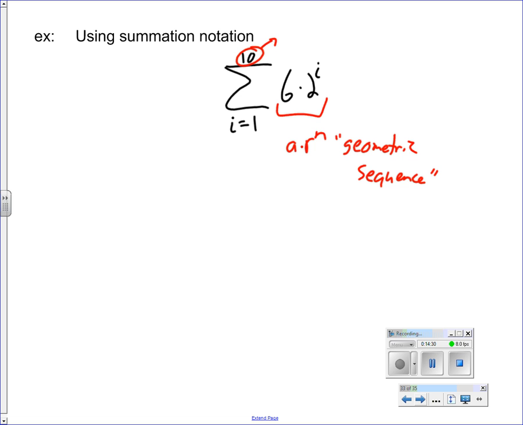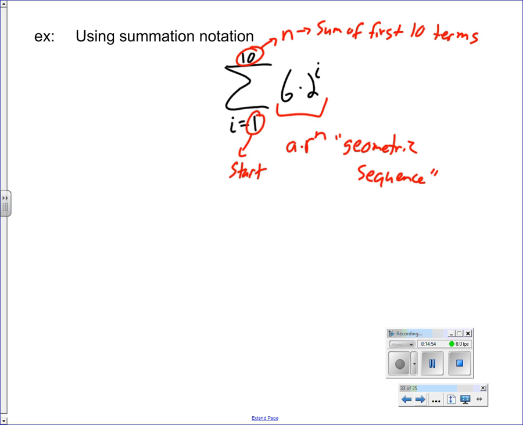The 10 up top tells you n, so how many terms you're adding up. So we're going to find the sum of the first 10 terms. And the number at the bottom tells you where you're starting.